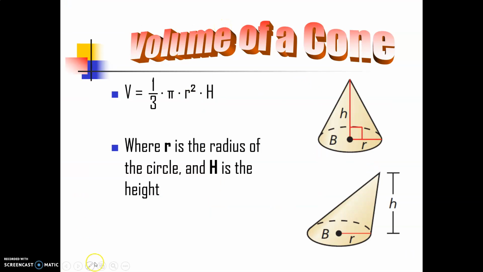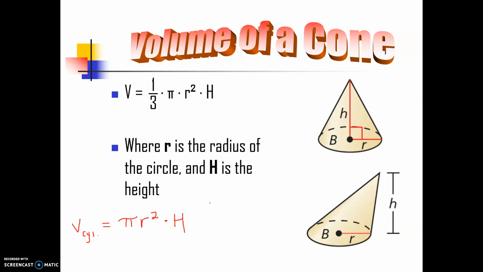You learned last week that the volume of a cylinder, write that down here somewhere, I'll just write CYL, is equal to pi times r squared times height.